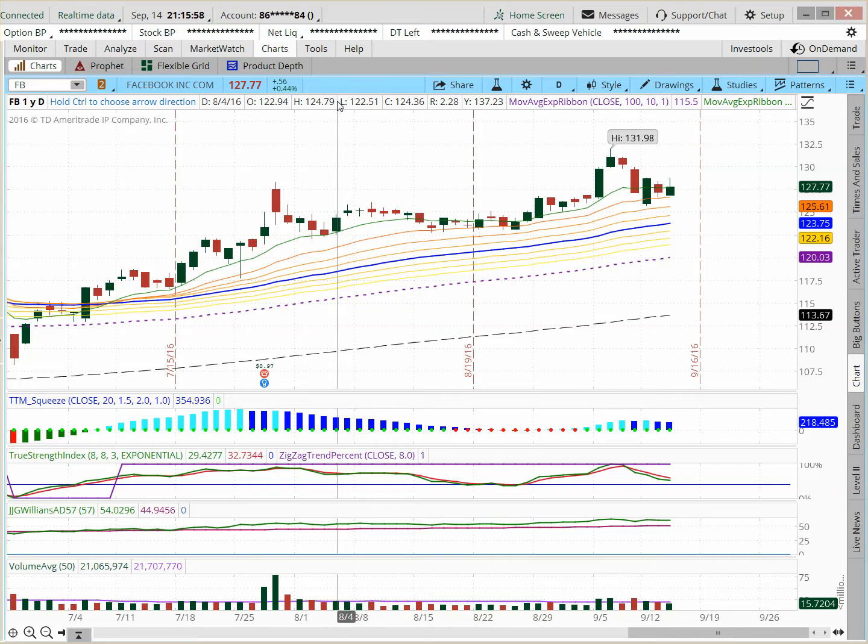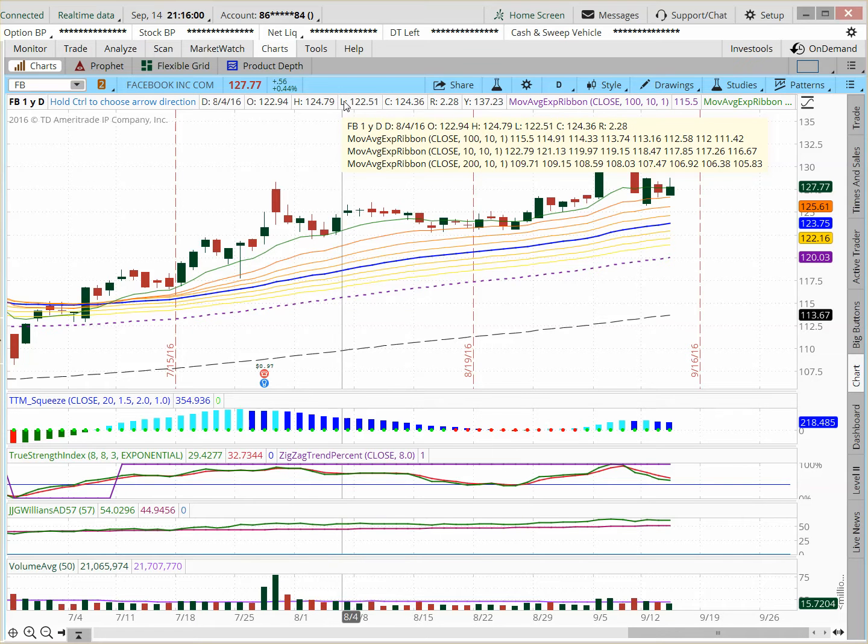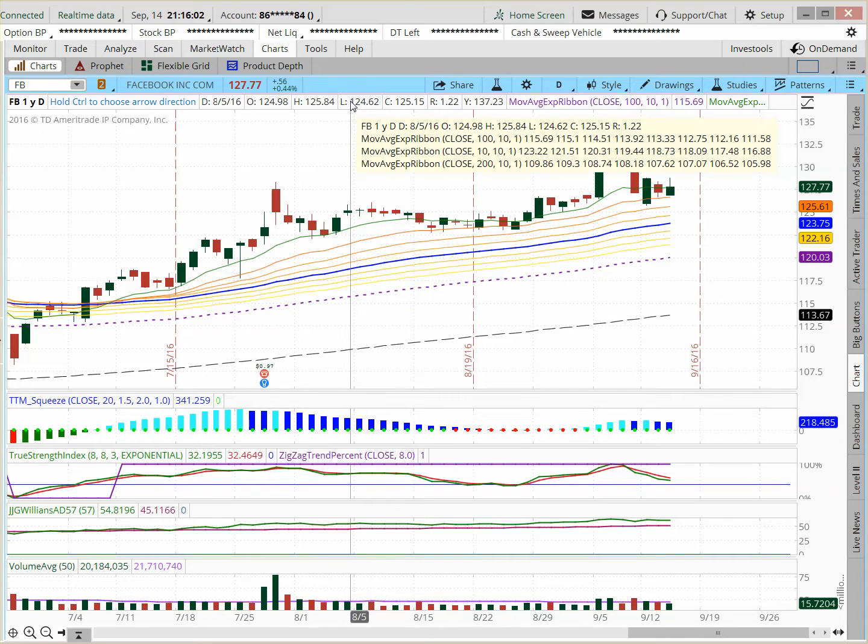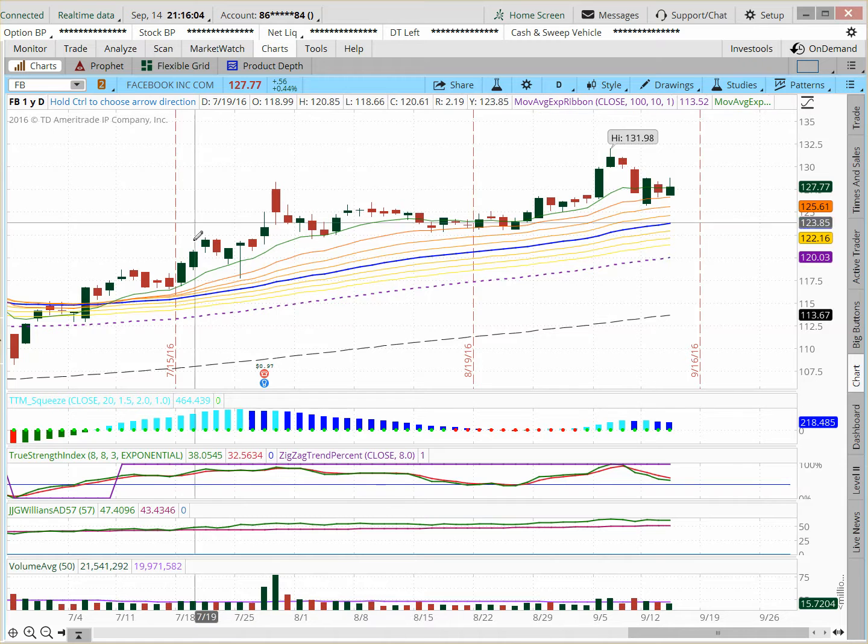Obviously it's changing as I'm moving because it's going with the candlestick that my cursor is over. So let's go ahead back to this one. On this candlestick, green, meaning that it opened lower than it closed. So it closed higher on a green bar than the open.